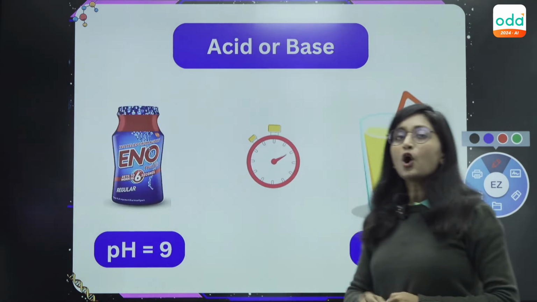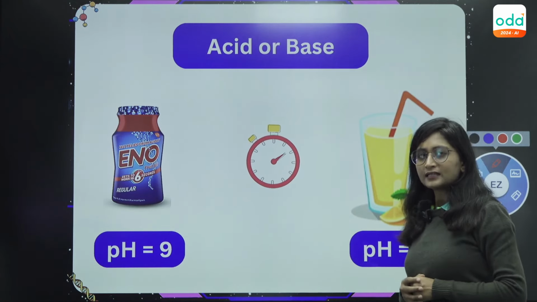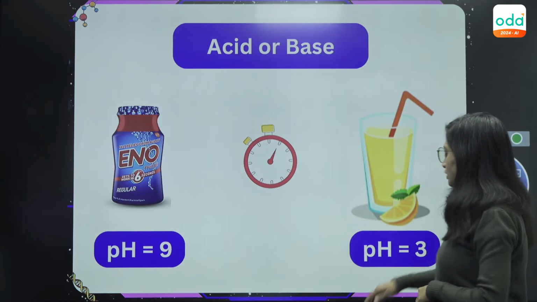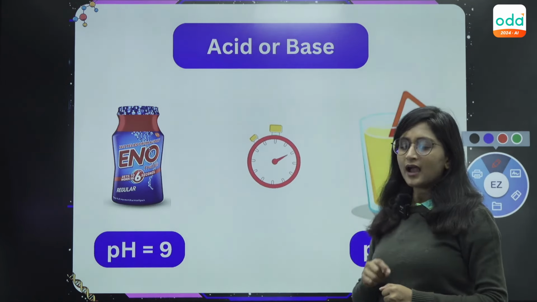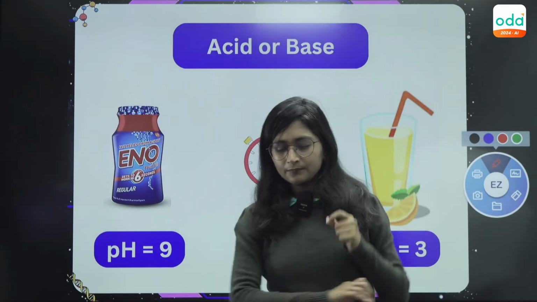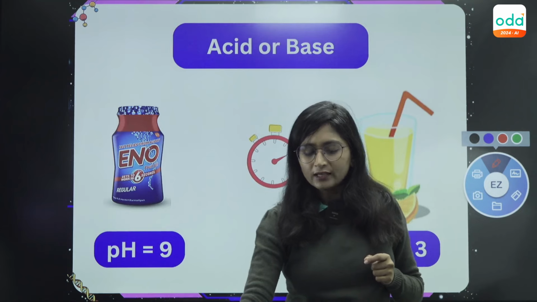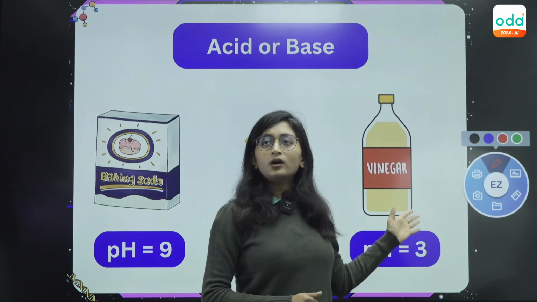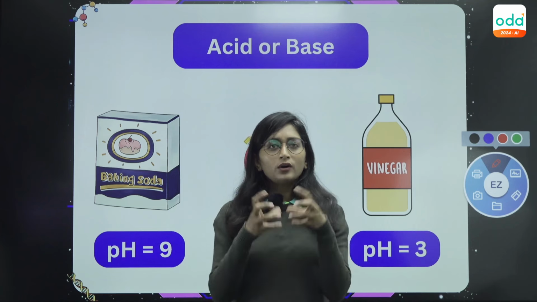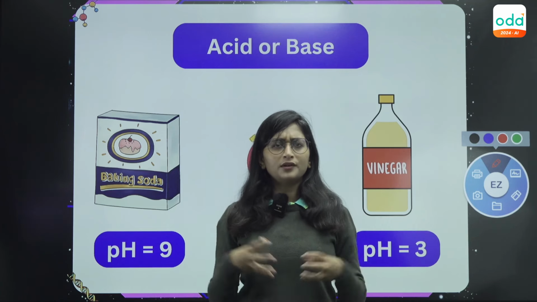What about this? Which one is a basic item, the pH value of 9 or the pH value of 3? Of course, the pH value of 9, which is more than 7. Now when we go for the next one, we find that there is baking soda and there is the vinegar, right? What is the difference between the values?